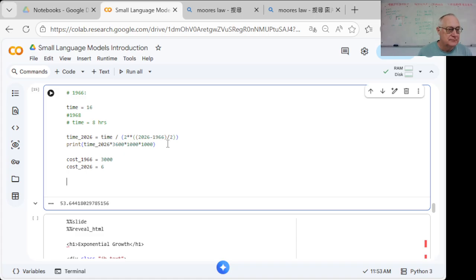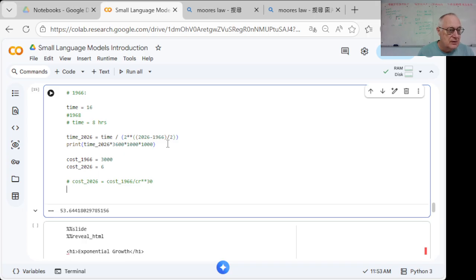So that would be divided by b, or the cost ratio to the power of, 60 years, right? 1966 to 2026 is 60 years, so divided by 2 is 30.